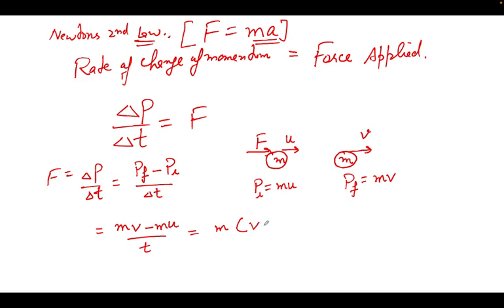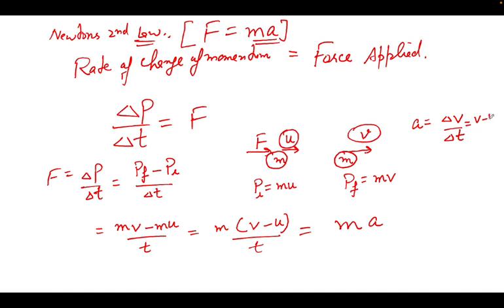m we can keep common and take outside. So what is this v minus u? That is the change of velocity. How much the velocity of that body has changed, that is the definition of acceleration. We generally define acceleration as rate of change of velocity, which means delta v over delta t, generally written as v minus u over t.